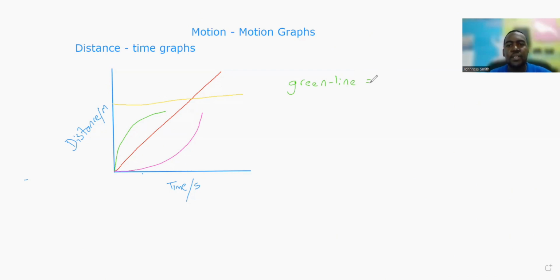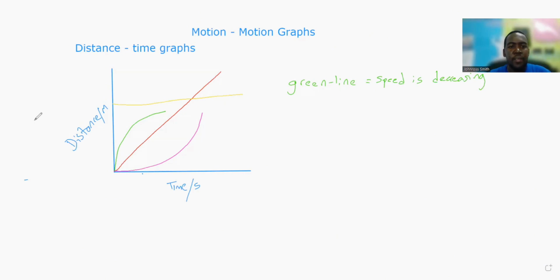But specifically, it also tells us that the speed of this object is decreasing. And if we want to know how we know that, we just think about the curve coming down. It signifies that the speed is also coming down. So it starts with a fast speed, and then it's slowing down close to the end.